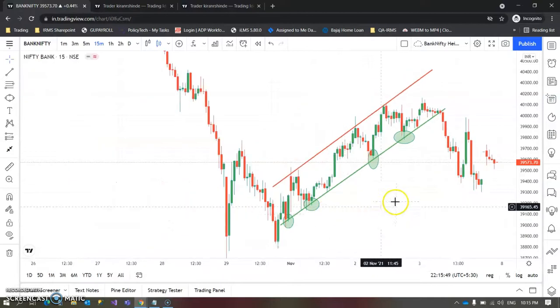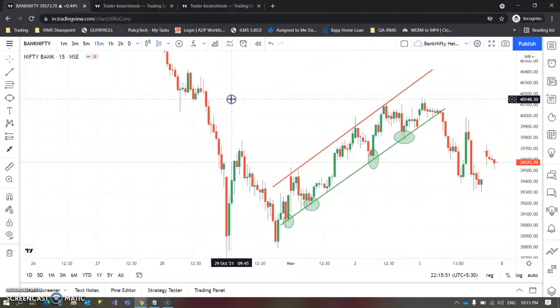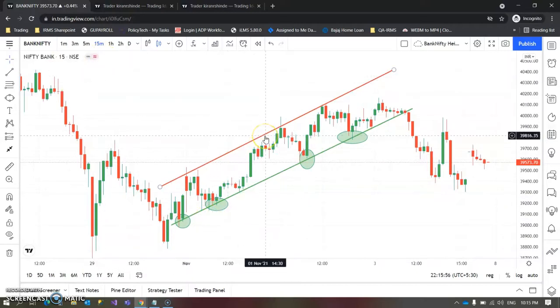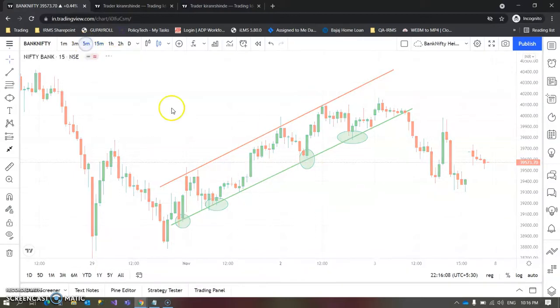Now one more thing I just wanted to show you on the chart is to at least try to keep the time frame the same. This is a 15 minutes time frame. If you try to change this to a 5 minutes time frame, let me show you what would happen.